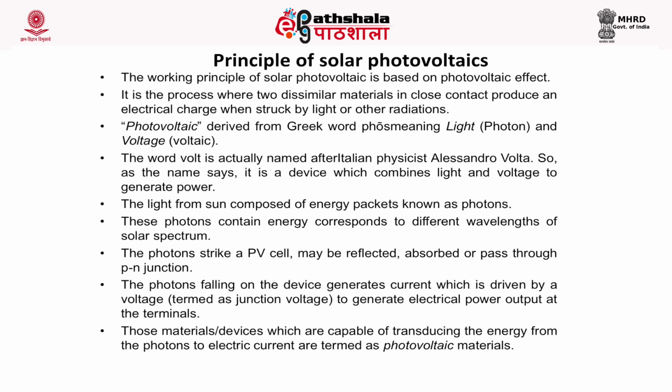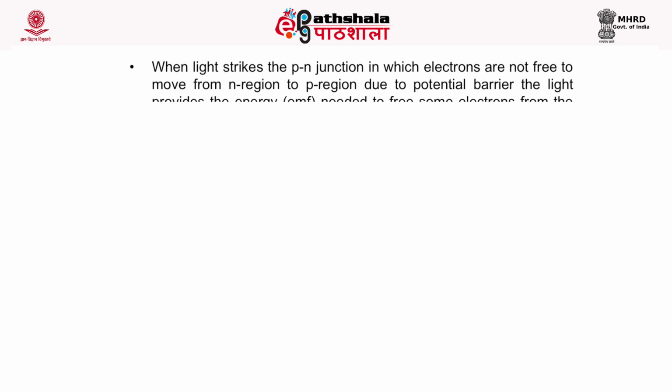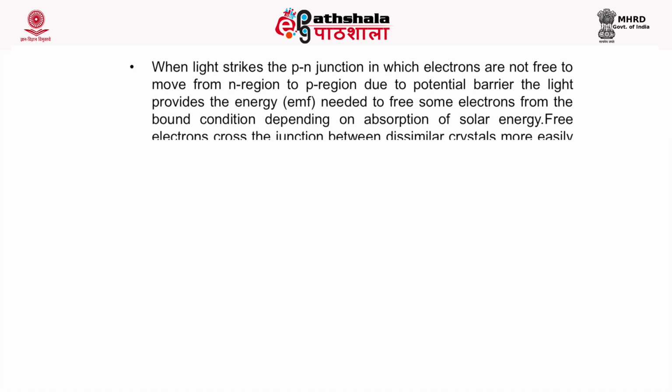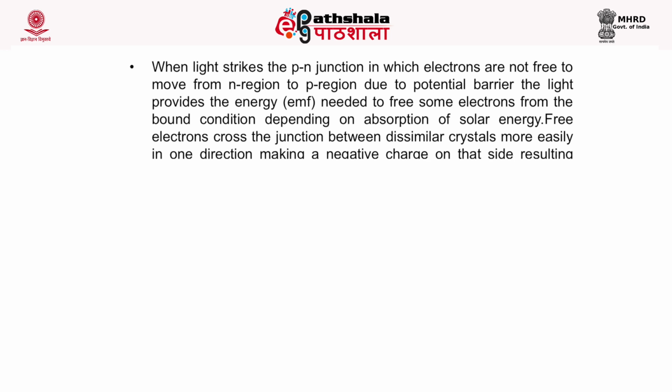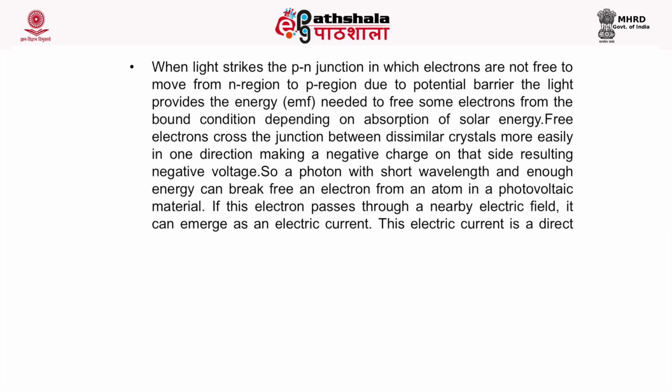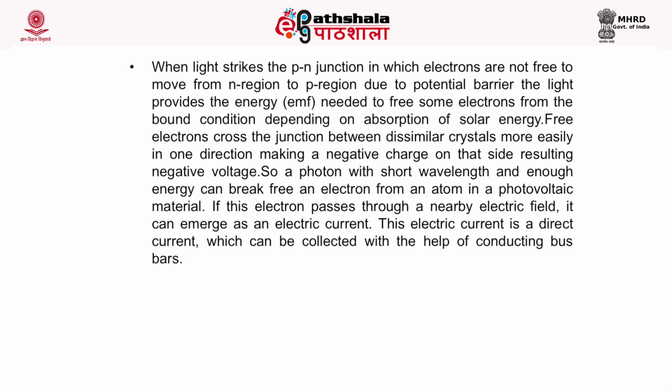Those materials or devices which are capable of transducing the energy from the photons to electric current are termed as photovoltaic materials. When light strikes the p-n junction, in which electrons are not free to move from n region to p region due to potential barrier, the light provides the energy, that is EMF, needed to free some electrons from the bound condition depending on absorption of solar energy.